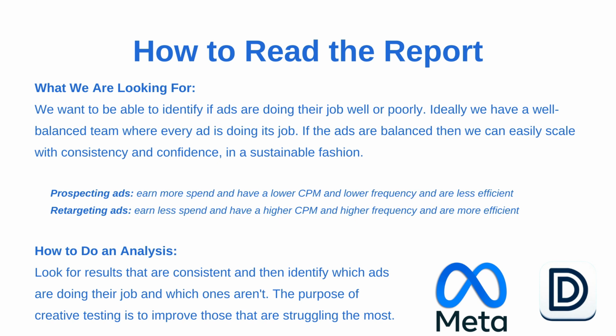A UGC ad with a great hook might earn a lot of spend because it's really appealing to a very wide audience that by nature, because it's super wide, is a little bit lower in quality. And because we're very appealing to a large group of people, the machine will show this ad less often to more people.